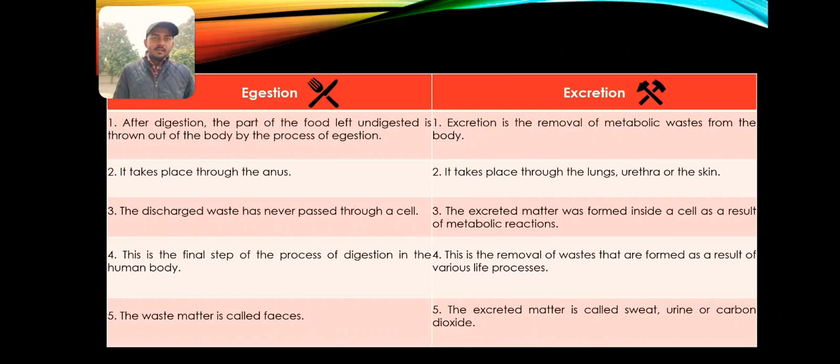So this is the removal of waste products from various life processes. Anything you do with the energy you have consumed, anything that proves that you are alive, will definitely produce some kind of waste. Whenever something is done, something is needed and some waste is produced. Always.